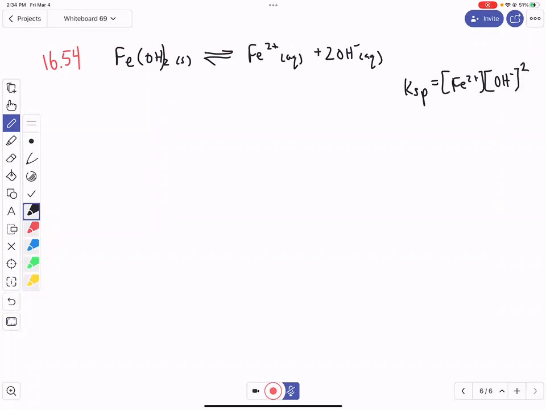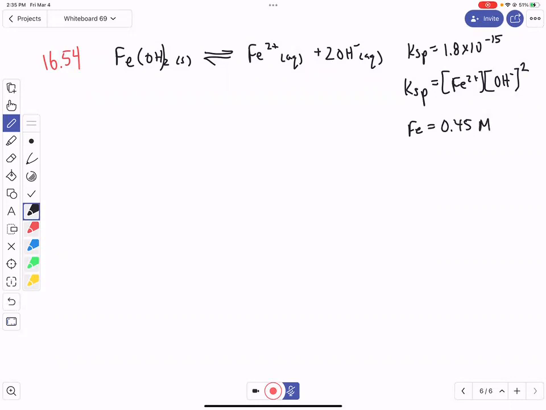And they tell us that value, right? The value of the Ksp is 1.8 times 10 to the minus 15. And we know that the concentration of iron is 0.45 molar.